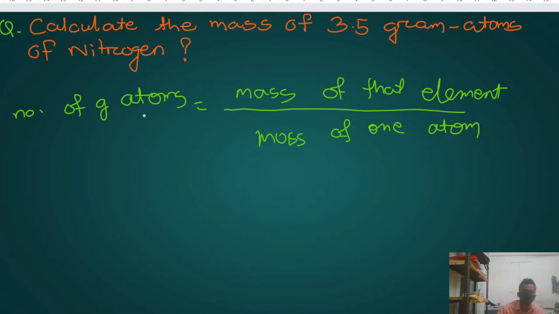The number of gram atoms is given as 3.5.